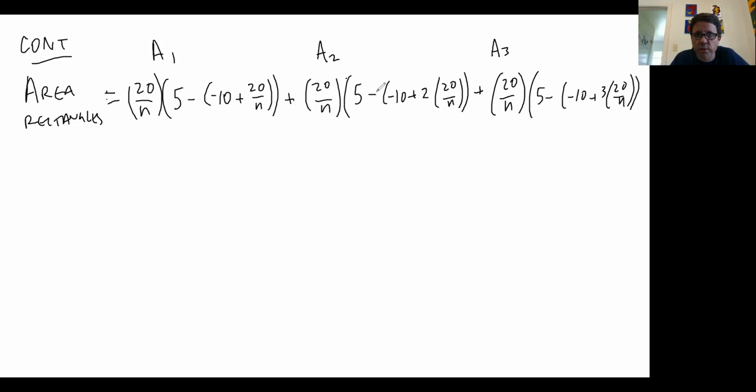Missing some parentheses on here. All right, I'll put it around here. And then I'll keep adding until I get to the very end. The width times 5 minus 10 plus n copies of 20 over n.